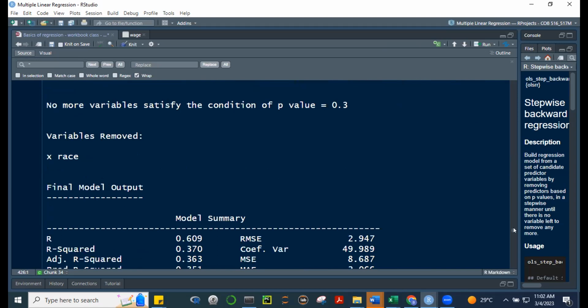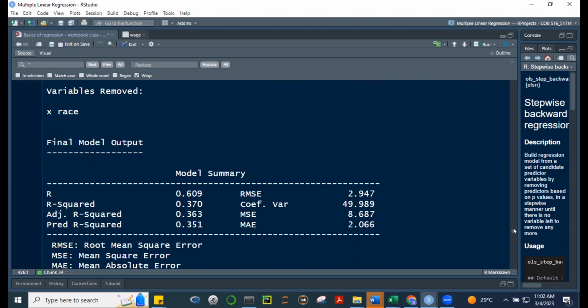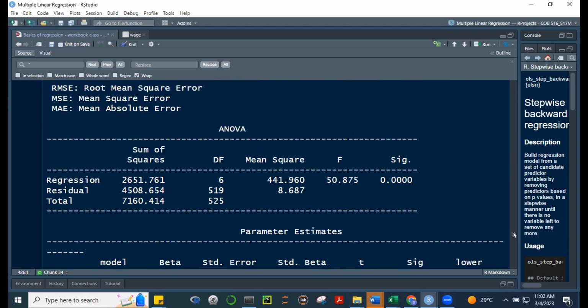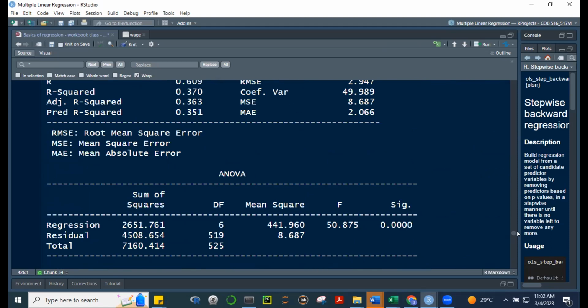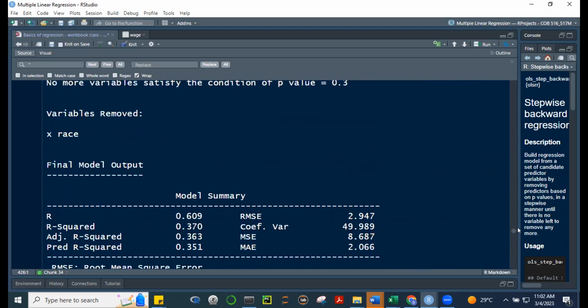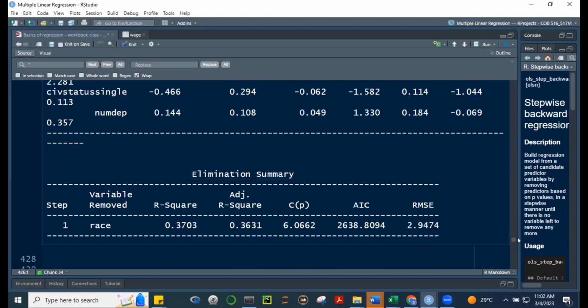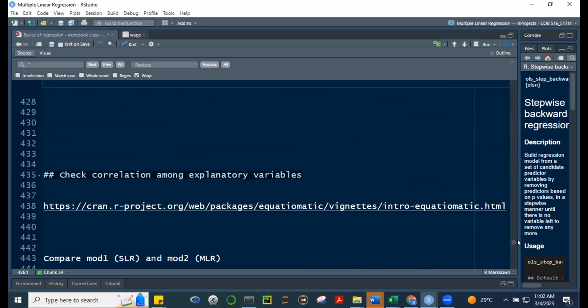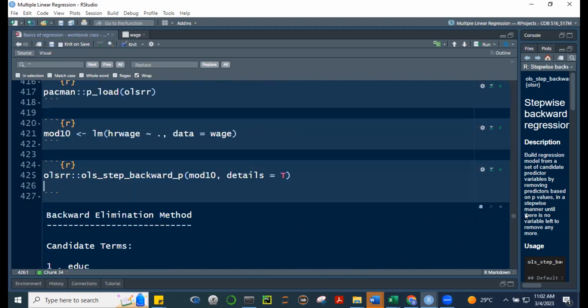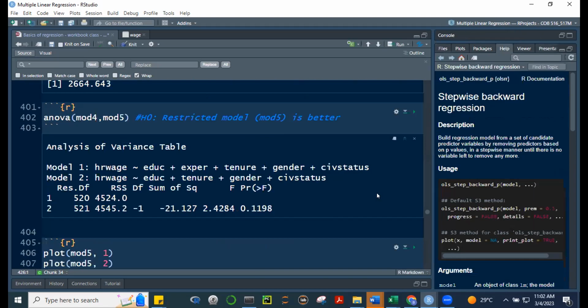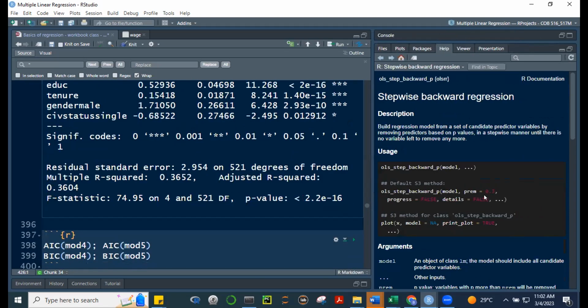Then susunod ay wait. Sandali I think nag-default siya sa okay. Bakit naging 0.3 yung ano niya? P remaining. So bakit siya nag-default ng P remaining?